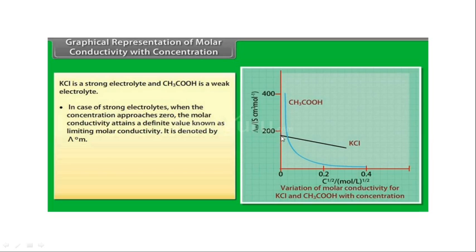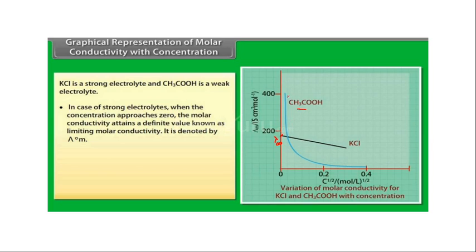This is for strong electrolytes. You get a straight line graph, and when you extrapolate this, it meets the y-axis to give you lambda infinity. So this is lambda infinity for KCl.